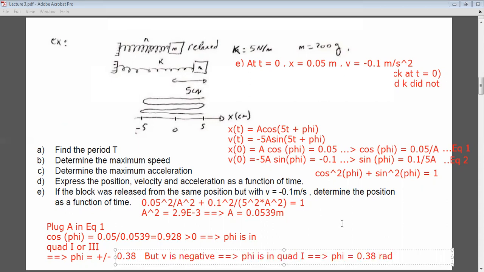Okay, so the final equation, I will put it here: x of t is equal to A, which is 0.0539 cosine omega t plus 0.38. Okay, and this is in newtons. Fine.